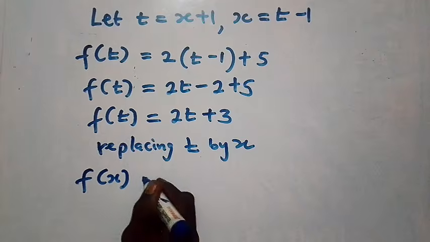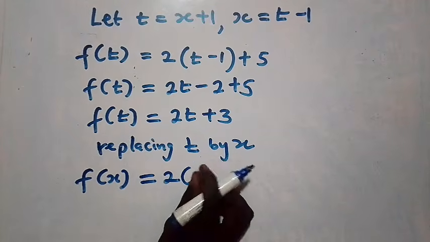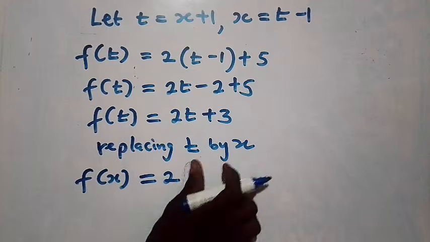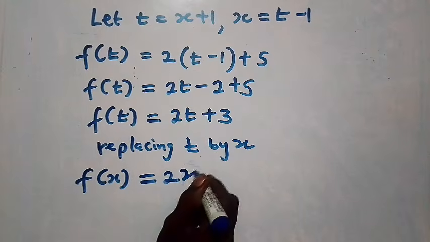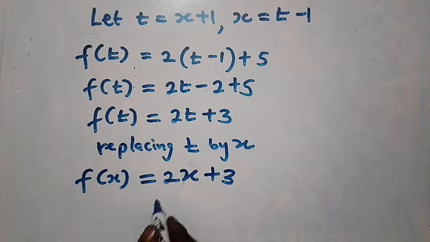F of x will now be equal to 2, this is t, let's represent it by x, then we have 2x plus 3, and this will be the answer. The function satisfying it is f of x equals 2x plus 3.